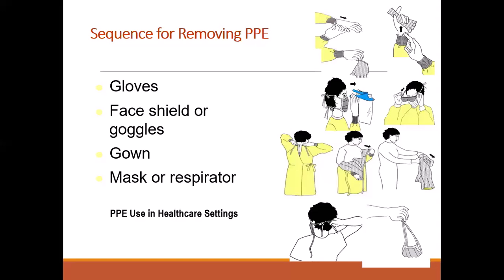And for the respirator or N95 mask, especially if you are caring for a patient with airborne disease, where you have to wear the respirator, you should remove the respirator outside the empty room. So after you come out from the negative pressure room, you have to remove it and discard it in biohazard waste.